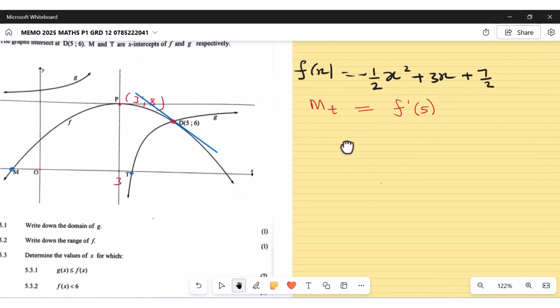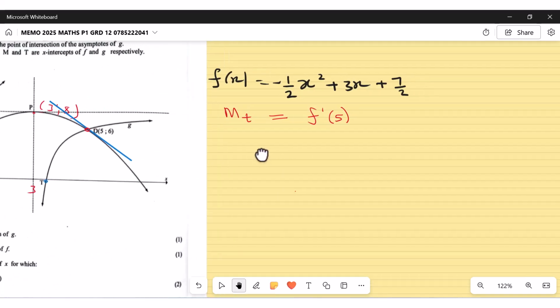Actually, the 2 is going to cancel this 2 here, and then plus 3. So if I simplify the function, it is negative x plus 3, right, guys? But then to get my gradient to be used in the tangent, I'm going to substitute 5 where there is x, because at point D, the x is 5 here.